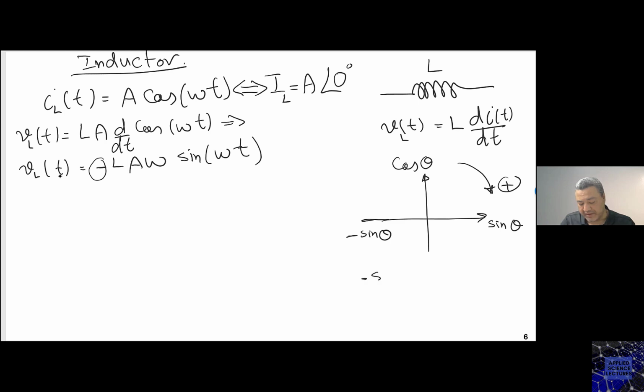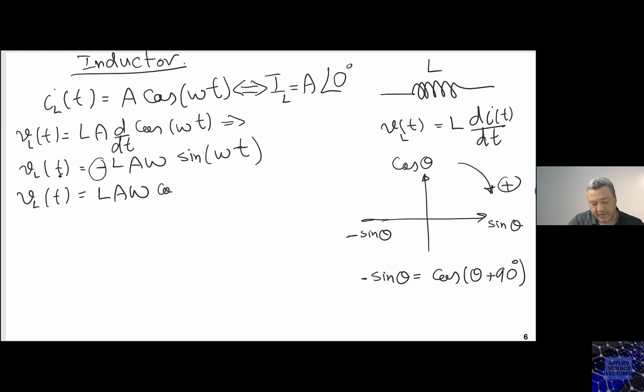So minus sine theta equals cosine theta, where theta is whatever angle was already at the beginning, plus 90 degrees. So here, this VL(t) becomes L A omega cosine omega t plus 90 degrees.